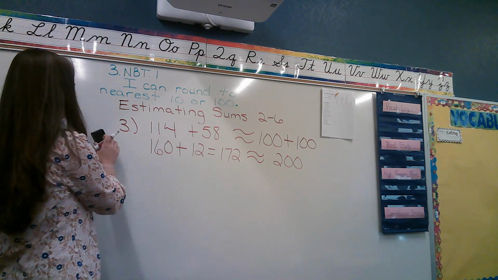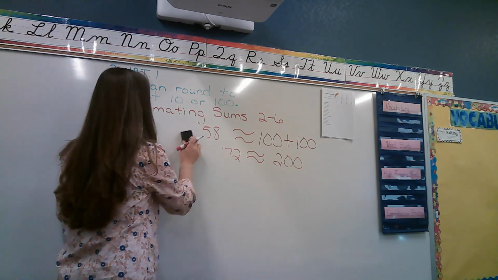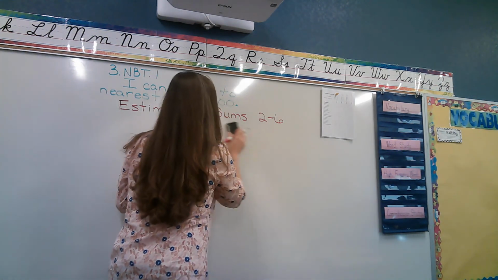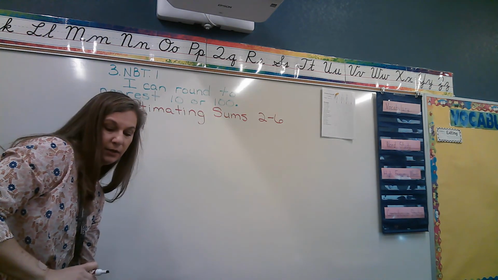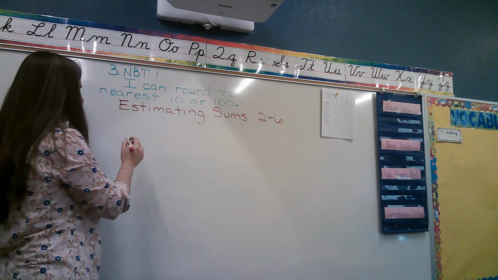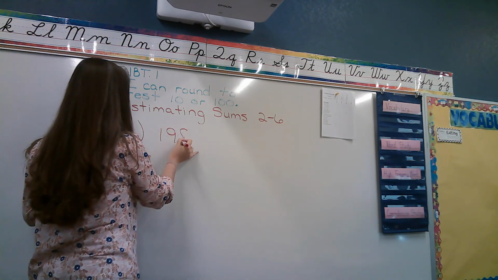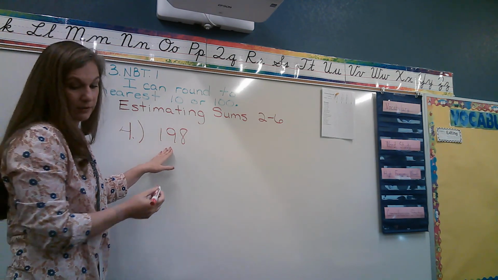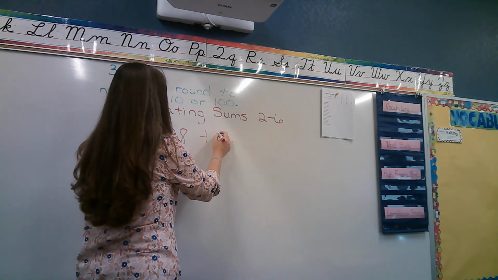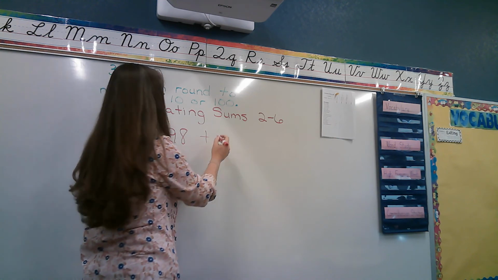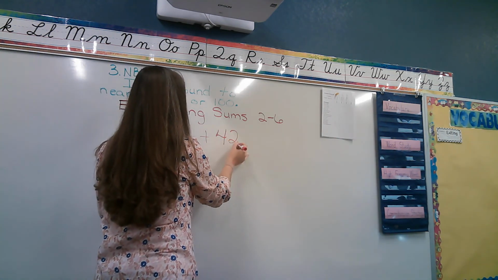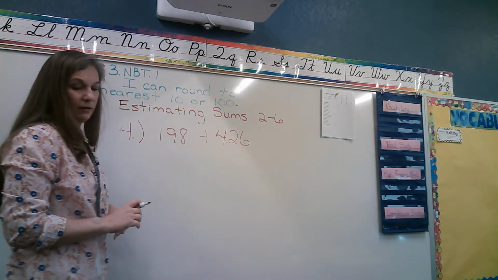Number 4. Number 4 is 198. And if you see 198 right now, some of you are probably already thinking, oh, wow, that's pretty close to the next 100 in that range.